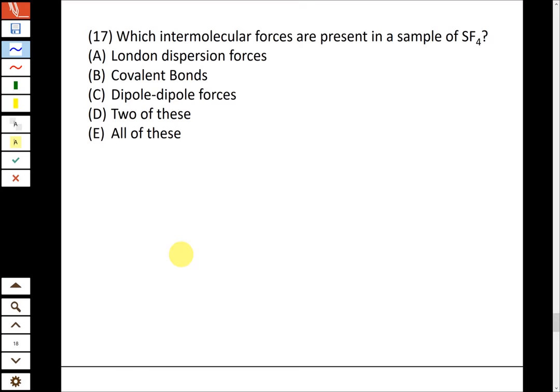So one thing to keep in mind is that for London dispersion forces, everything has London dispersion forces. It doesn't matter what kind of substance it is. If it has one or more electrons, which every substance does, it's going to have dispersion forces. So London dispersion forces is always present.